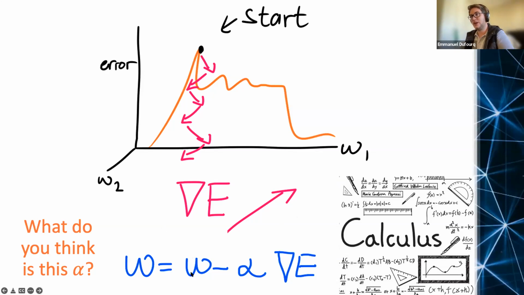We take the old value of the weights, and then we take a step, and we go in the negative direction. So you'll see there's a minus sign here. I will try to explain why we go in the negative direction of the gradient.